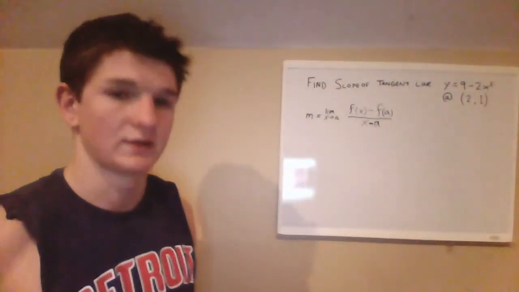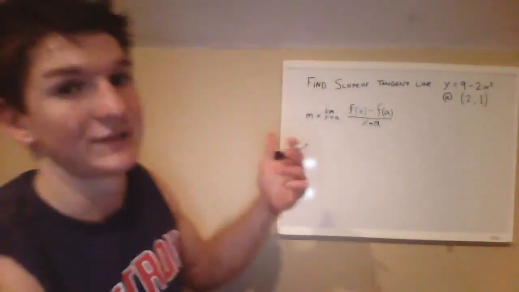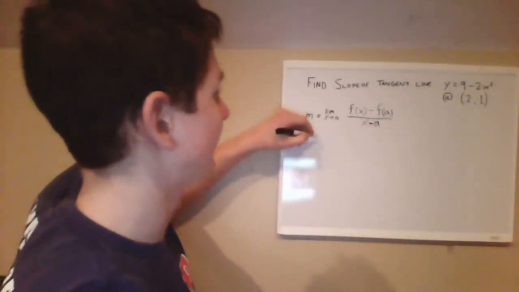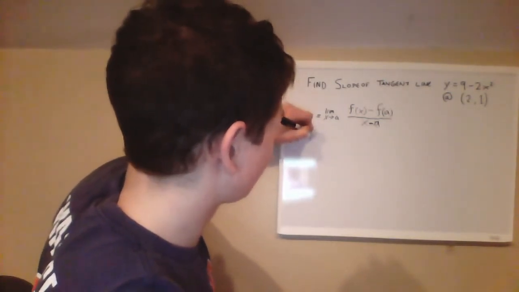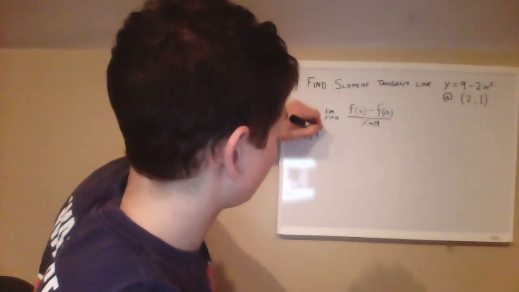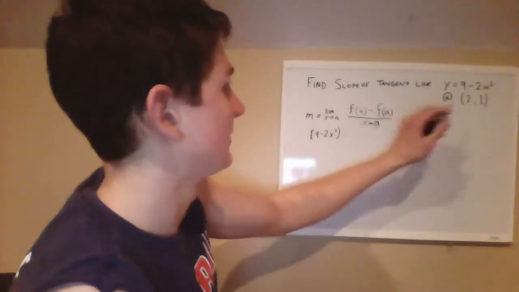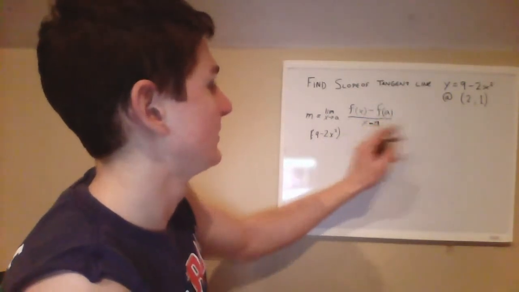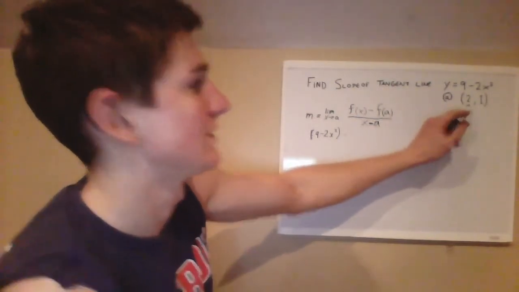So to solve for this, we're first going to plug in for f of x, which is the same thing as the equation up here. So f of x is 9 minus 2x squared, and then minus f of a, which is the function at the first value, the x value, a.